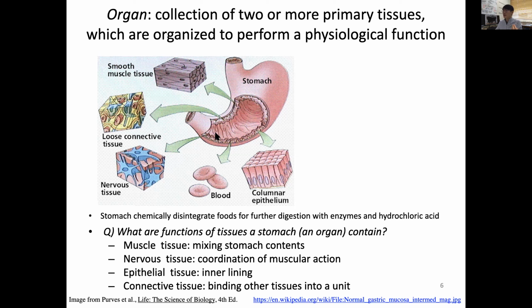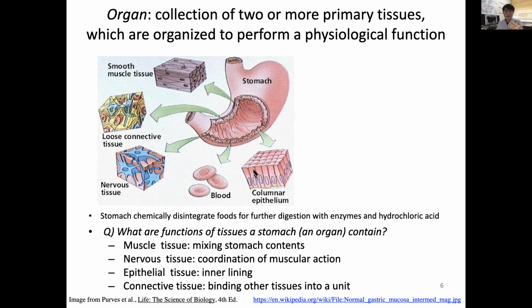And there's a lining of the stomach surface. That's columnar epithelium. You see, it looks like columns, and that's an inner lining. And with the enzymes, which are supposed to disintegrate food, we have to make sure these enzymes do not eat up the stomach surface itself.